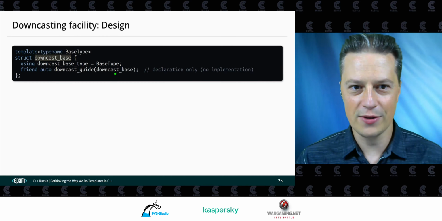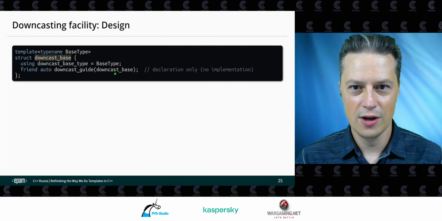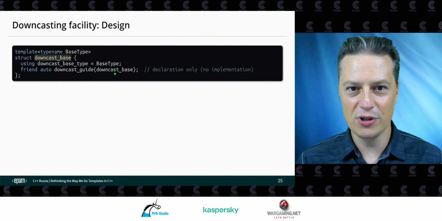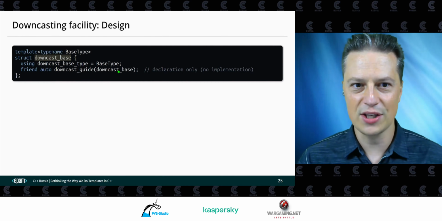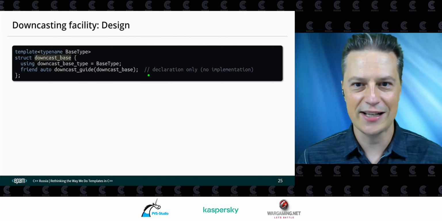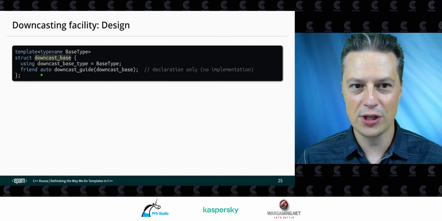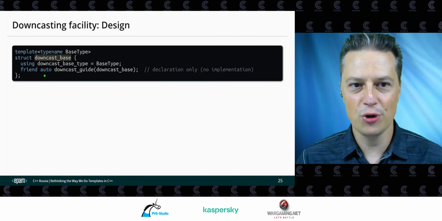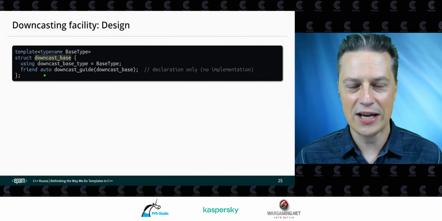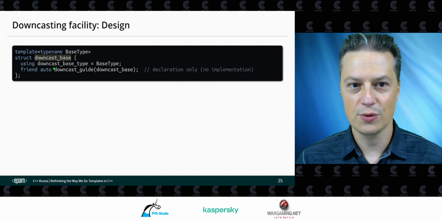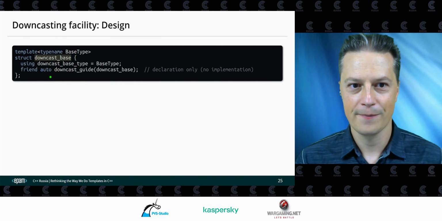This is a hidden friend function. The important part of the trick is that it doesn't introduce any implementation. It's just a declaration, and the return type is auto, because at this point we don't know the child class provided by the user, so we cannot provide the type here.